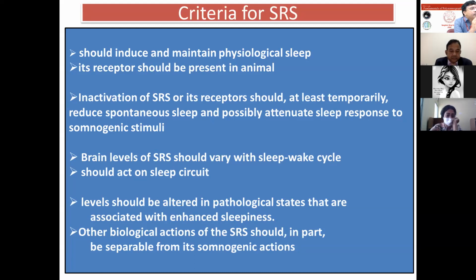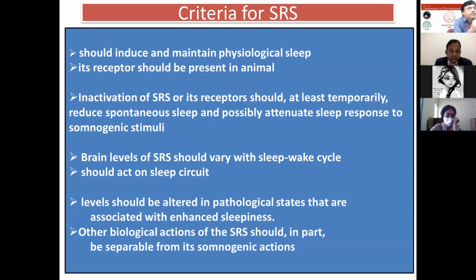Number three, whenever there is inactivation of the sleep regulatory substance or its receptor, it should at least temporarily reduce spontaneous sleep, and possibly also attenuate the sleep response to somnogenic stimuli.